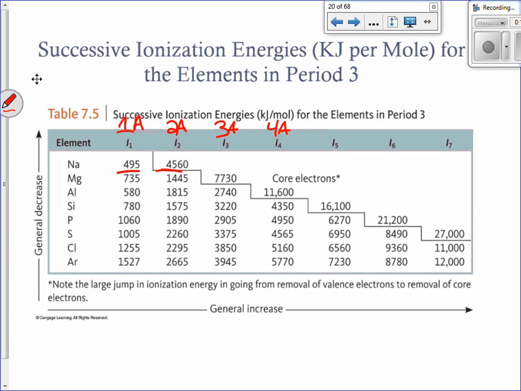If you're in group 2A, you're okay with removing up to here, but if you go to that third, that core electron, it's going to jump up a lot. Okay?